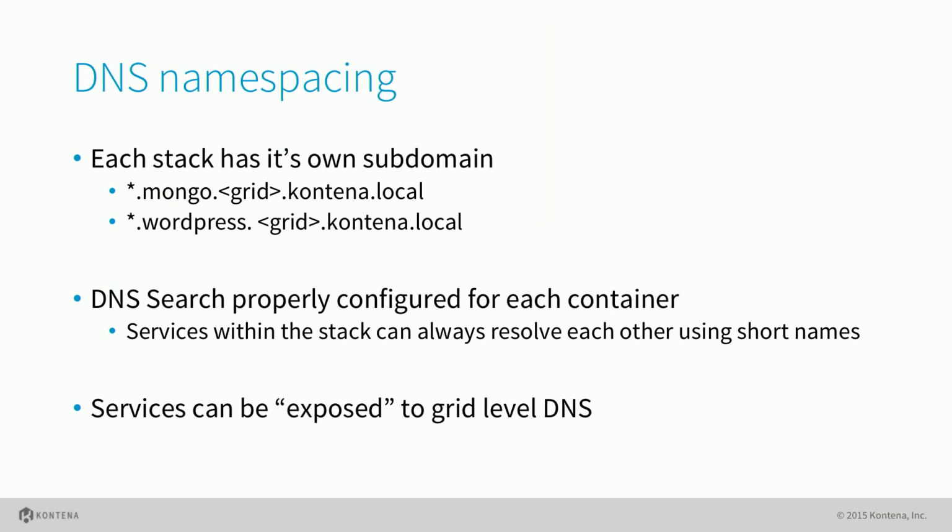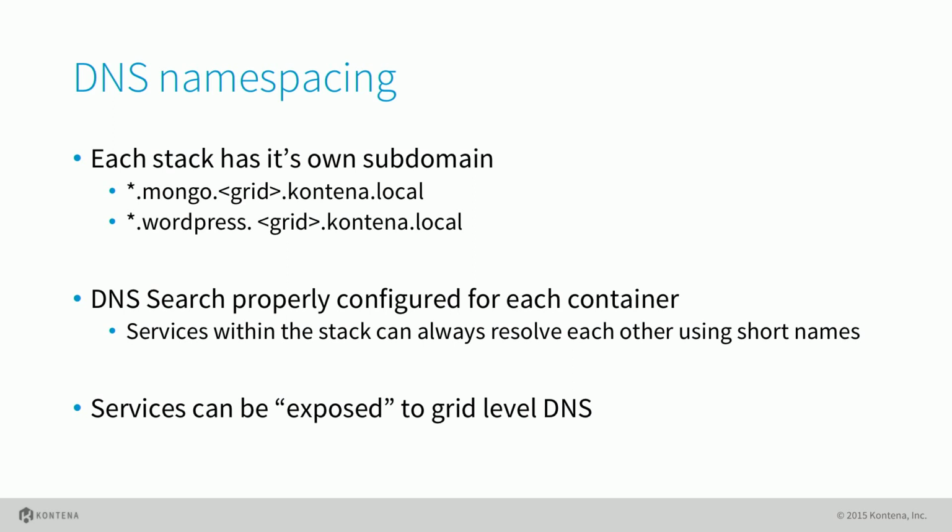What's cool also in the stack space is that each stack, when deployed, gets its own subdomain in the kontena.local high-level domain. So whenever I deploy my Mongo stack, all the services within the Mongo stack are deployed using this something.mongo.thegridname.kontena.local domain name.